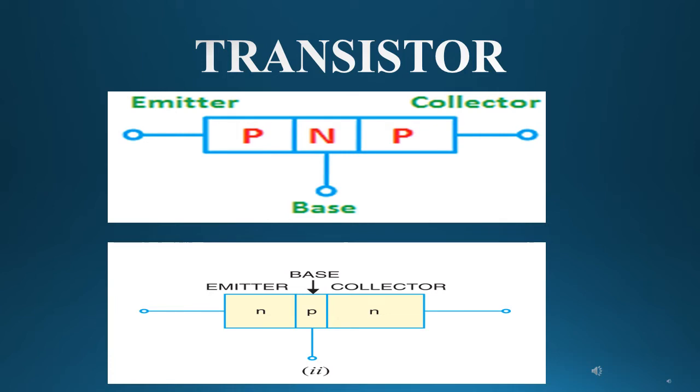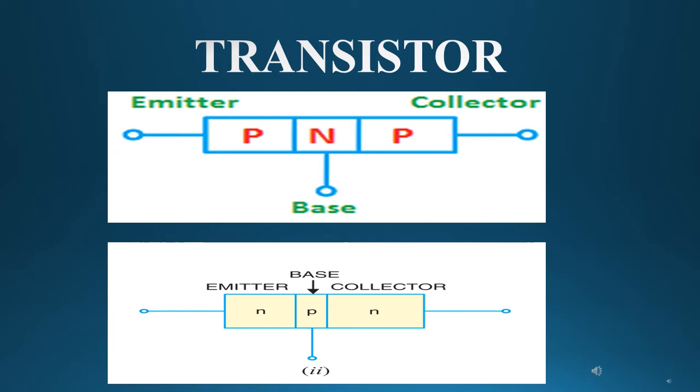So this makes a transistor. This is a PNP transistor. Similarly, we can have one p-type semiconductor, and on the two sides there will be n-type semiconductors, and this will be an NPN transistor. In this we have three semiconductors together.